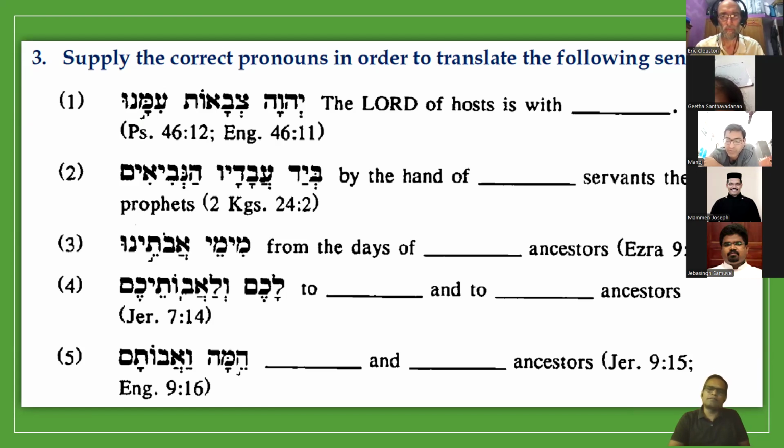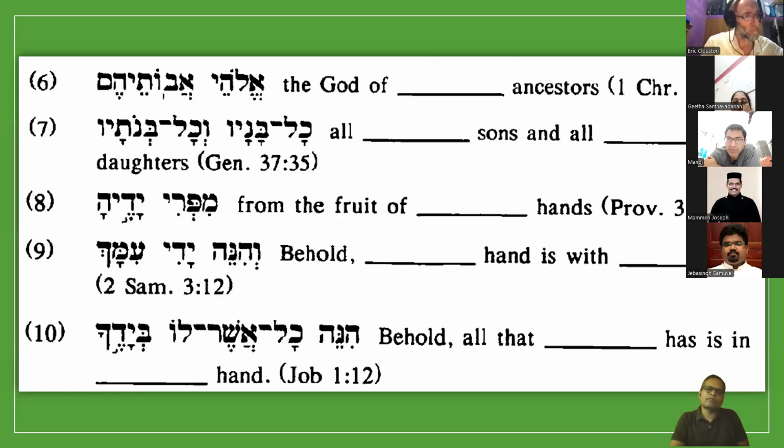So here it is avotam. There it is avotam. And both are translated as ancestors. So his point is this could be ancestor and not ancestors.